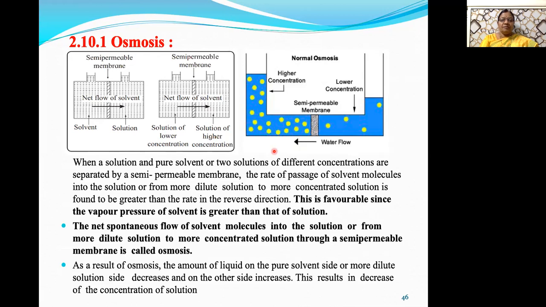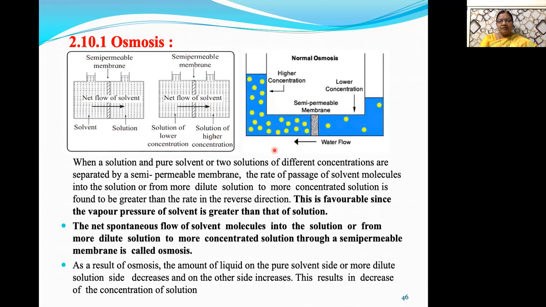Now, if you remember, the first colligative property is the relative lowering of vapor pressure. Second, elevation in boiling point. Third, depression in freezing point. Elevation in boiling point and depression in freezing point are related to the first property, vapor pressure lowering.